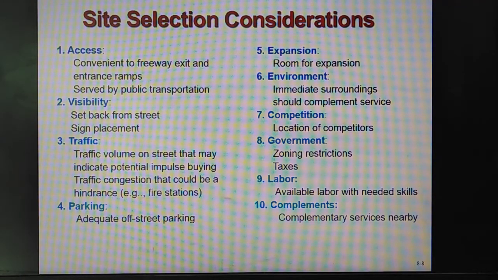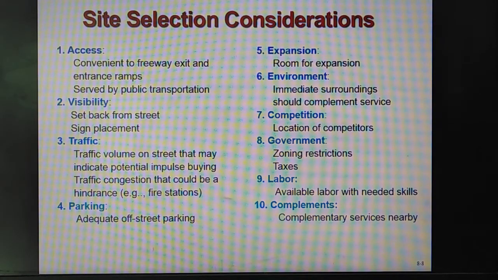The sixth is the ambience, or the surroundings and environment of your outlet. It should complement the service. For example, if your outlet is serving fast food, and the complementing service is drinks, it should be located close to a drink outlet.